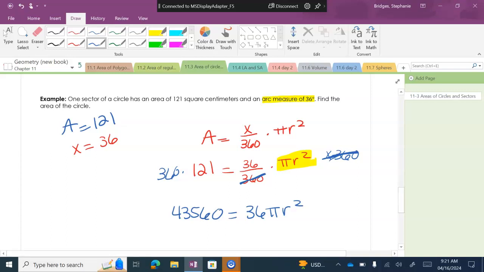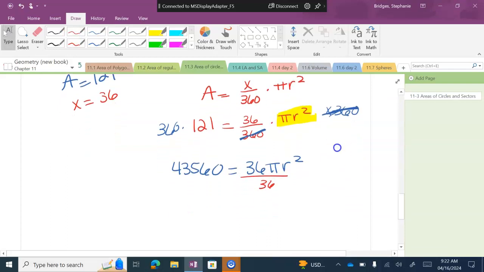So how do I get rid of it? Divide. So divide both sides by 36. What number did we get? 1,210. Those cancel. And 1,210 is equal to pi r squared. Isn't that what the area of a circle is? So guess what my answer is?